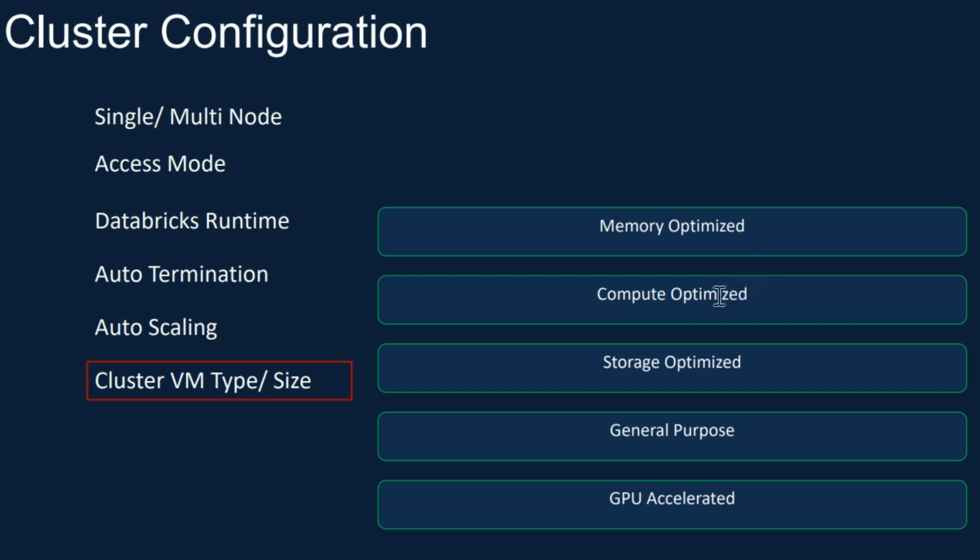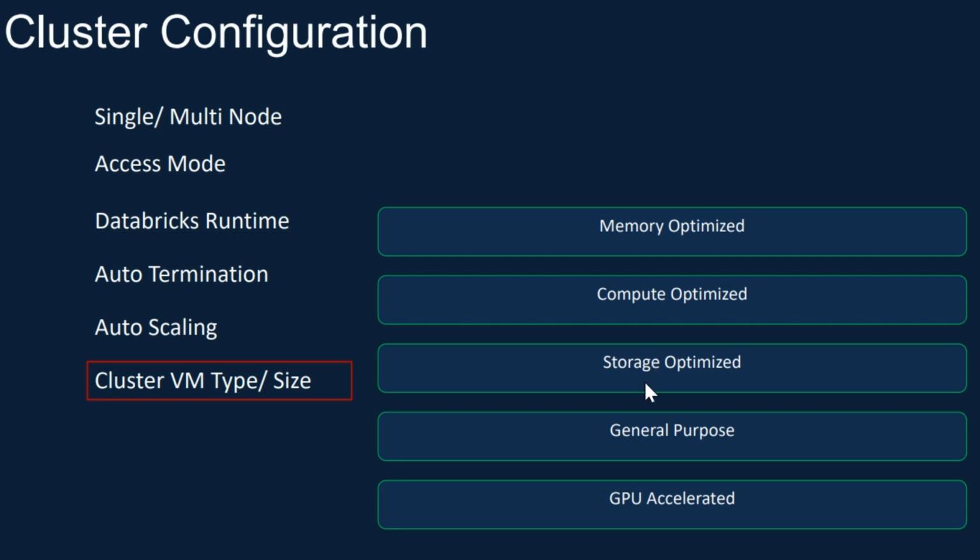And the second one is compute optimized. These compute optimized instance types can be useful for structured streaming applications where you need to make sure that the processing rate is above the input rate at peak times of the day. These can also be used for distributed analytics and data science applications.